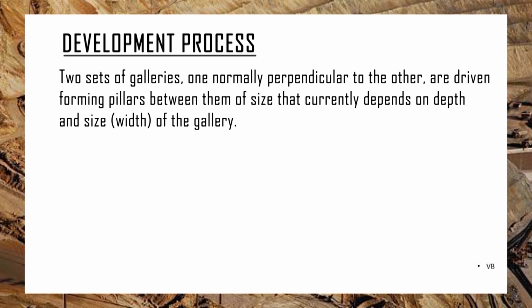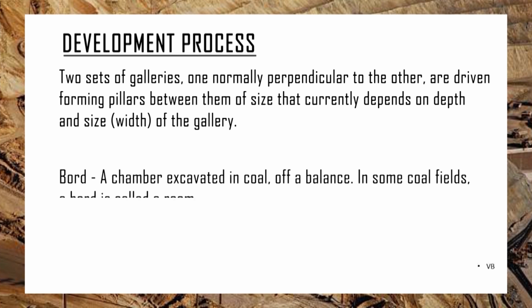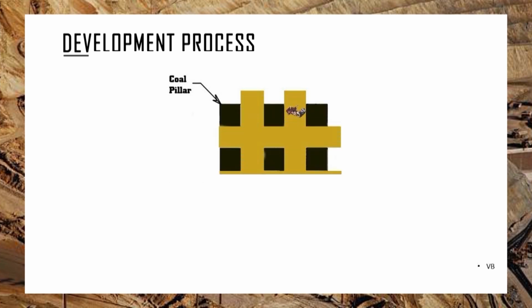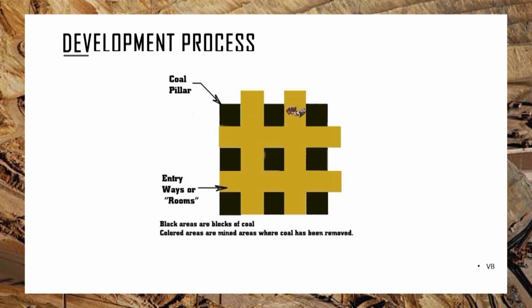In the present scenario of underground mine development by the board and pillar system, mostly square pillars are being formed, of size dictated only by depth and width of gallery under the coal mine regulations. You can see in the figure a black square shape is a coal pillar and yellow color shows the headings and entry or gallery.